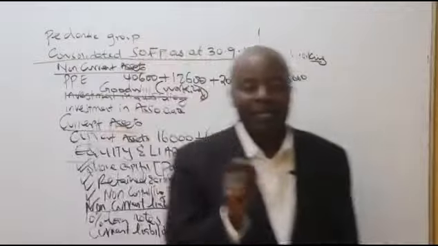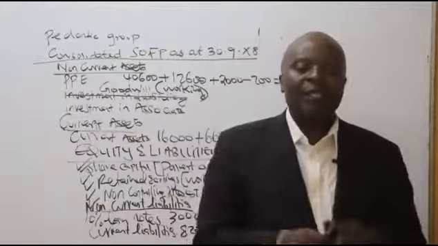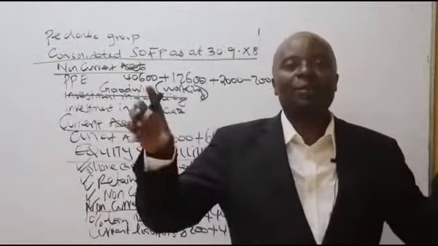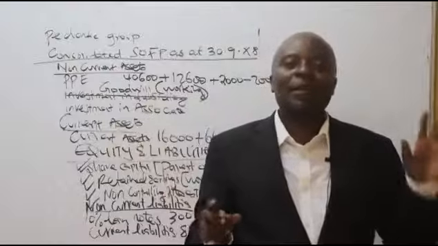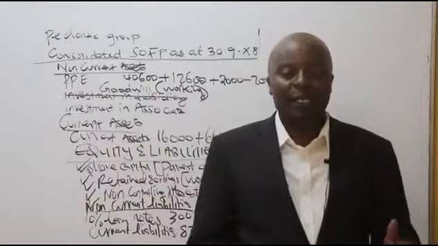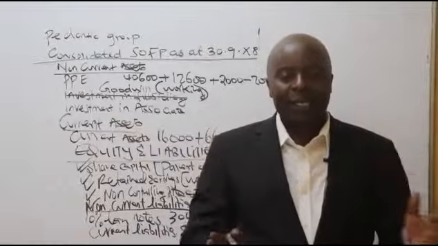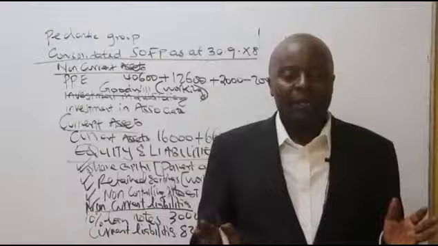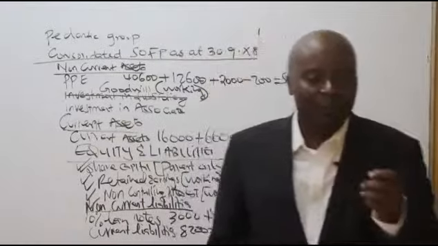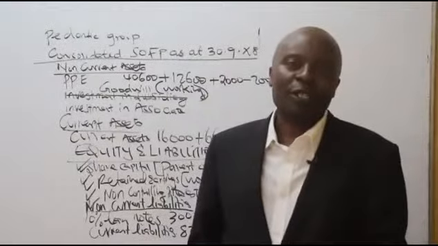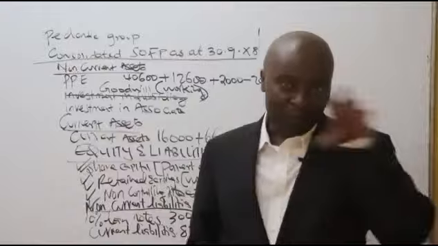I'm repeating again, ladies and gentlemen, whenever you come across any internal sale, that is when we have a parent selling to a subsidiary or a subsidiary selling to a parent. If, for example, today, we are studying this CPA, and my wife was to come to this particular class and pay for the course, honestly speaking, I should never recognize that money in the group from the family setup.